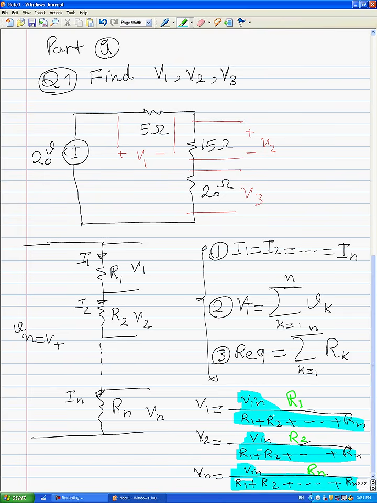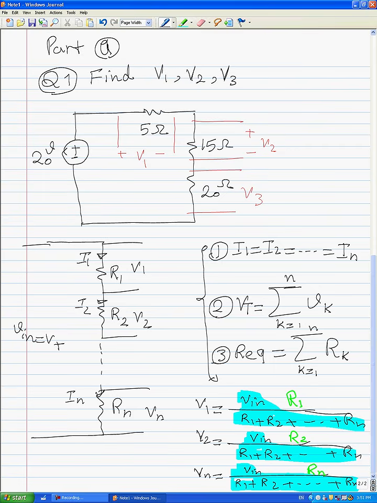We have the same part for V1, V2, and Vn, and only we need to use R1 for V1, R2 for V2, and Rn for Vn. Now I'm ready to use this rule for solving this question.